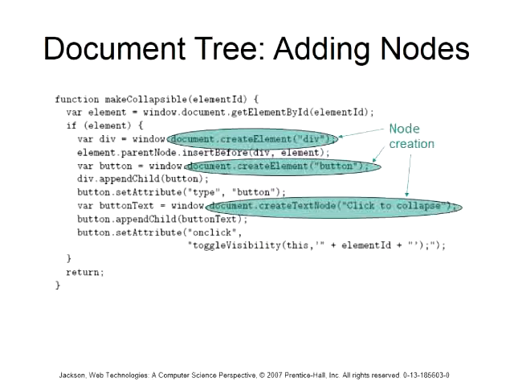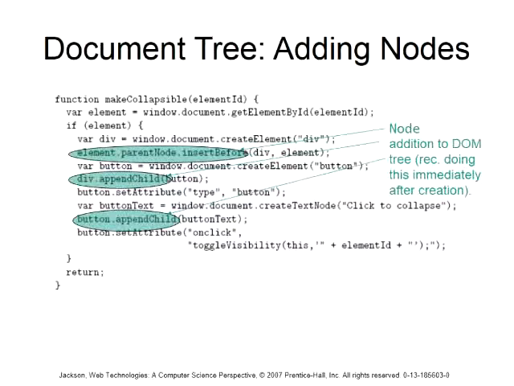In this example, we will use createElement and createTextNode for node creation. For example, document.createElement div to create the element div, document.createElement button to create the tag button, etc. To add these elements to our DOM tree, we use insertBefore and appendChild as methods.